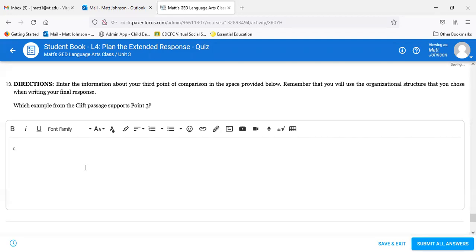So we'll just say Cliff uses a negative tone to dissuade readers from online.